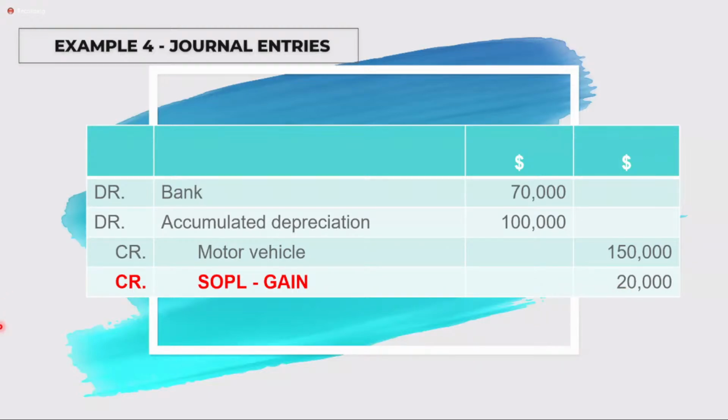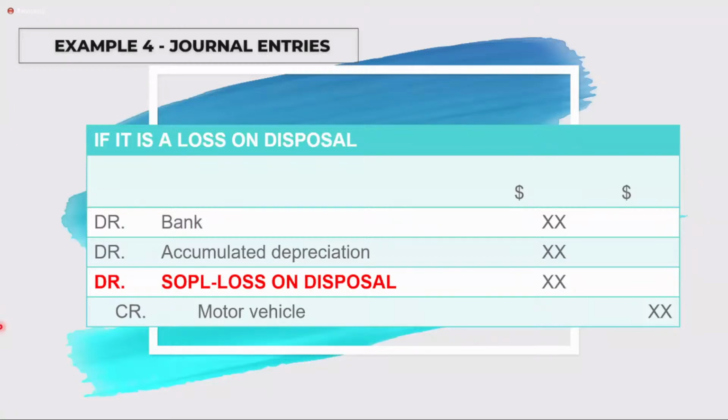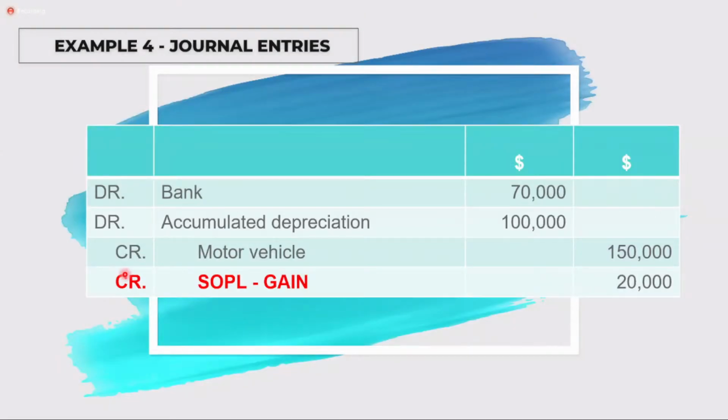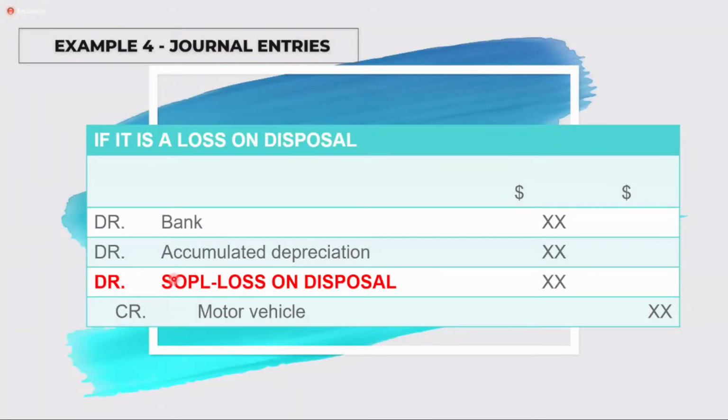What if the situation here is a loss on disposal? What is the journal entry to record loss on disposal? The difference here is the debit entry. Before this, on the gain on disposal, we credit the profit and loss statement with the gain, and for loss on disposal, we need to debit.